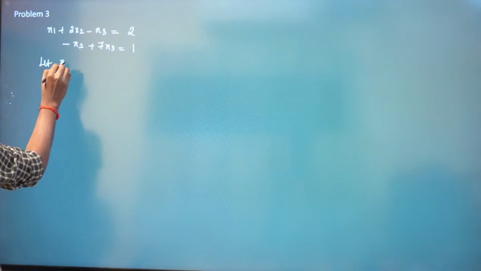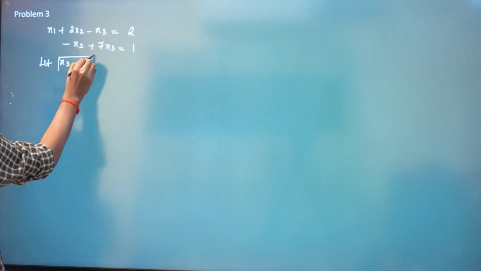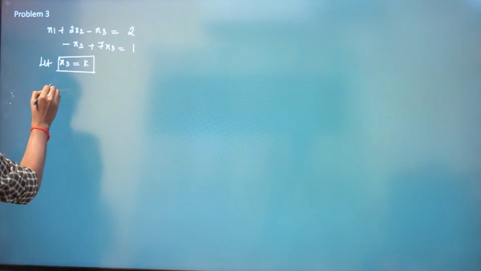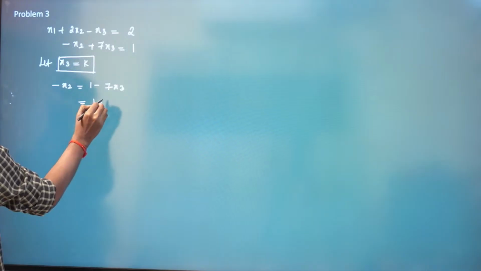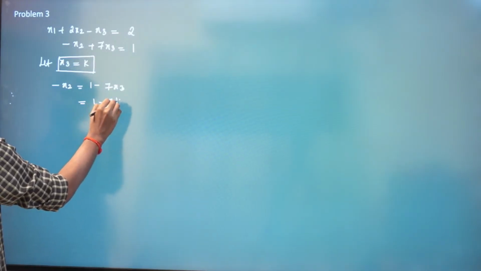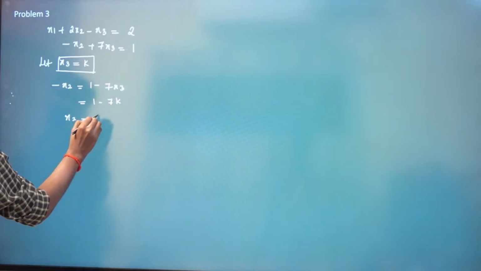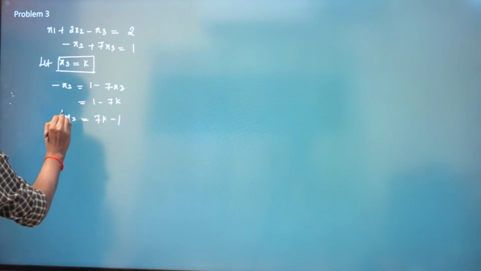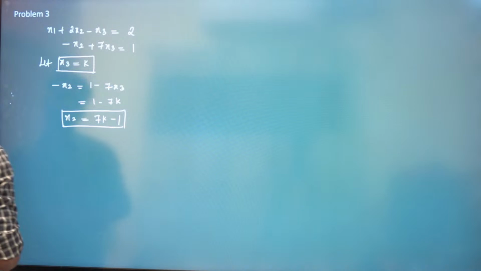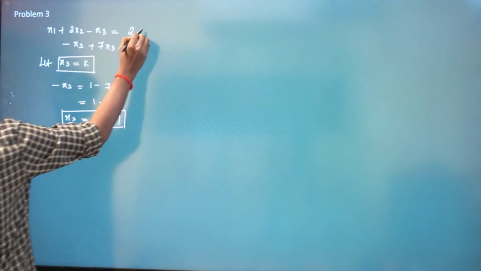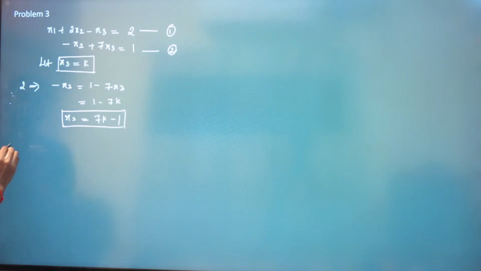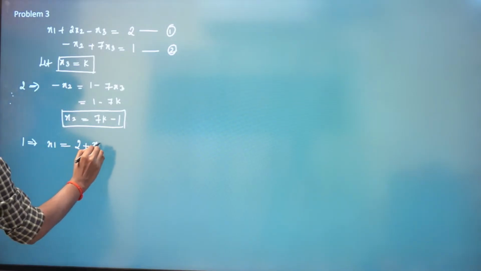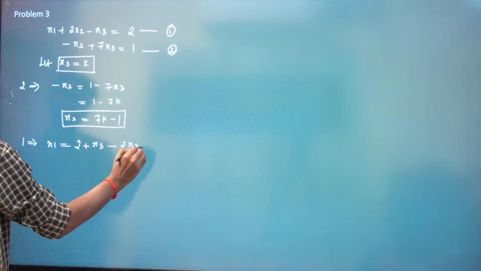So let us put x3 equal to k. So that means minus x2 is equal to 1 minus 7x3. So 1 minus 7 times x3, where x3 is k. So that means x2 is equal to 7k minus 1, right? All this as 1, all this as 2. And from 1 we have x1 is equal to 2 plus x3 minus 2 times x2.